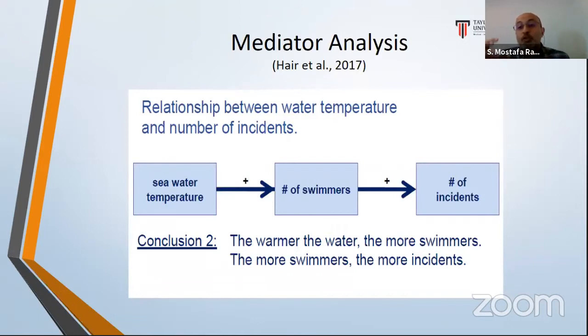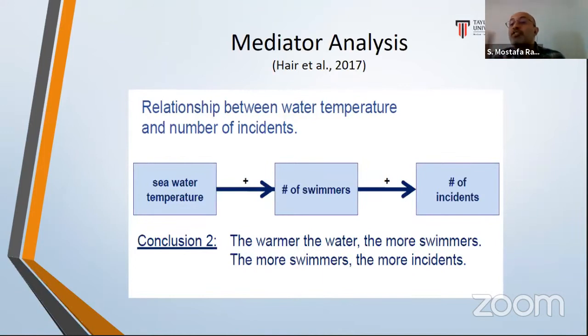If we want to include a mediator in our framework and develop a mediation hypothesis, based on this rationale and logic, we need to justify this indirect effect, or transmitting effect, of IV to DV through the mediator.